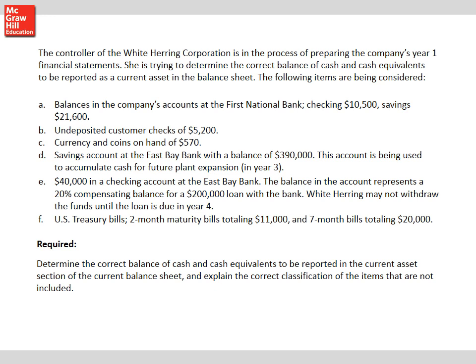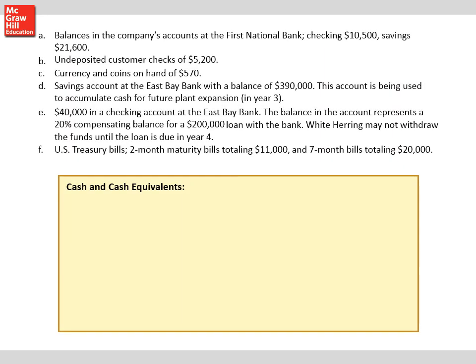U.S. Treasury bills, 2-month maturity bills totaling $11,000 and 7-month bills totaling $20,000. So basically we want to see what are included and what are not. So of these items, included in the cash and cash equivalents, the balance in the checking account of $10,500 and savings account definitely are part of cash and cash equivalents.